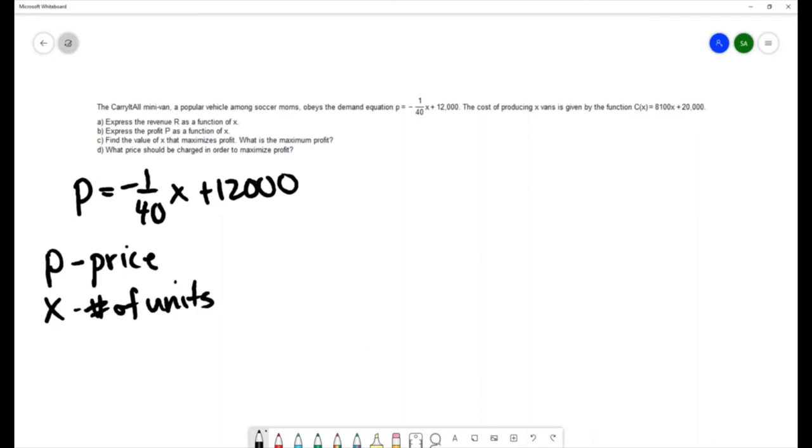So this is called the demand equation, and it gives you a relationship between the price and the number of units that you sell. There's usually a relationship between these two. For instance, if you charge a higher price, you might sell fewer of the items, or vice versa. If you have a lower price, you might sell more.